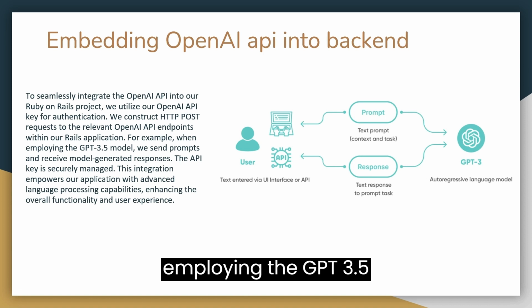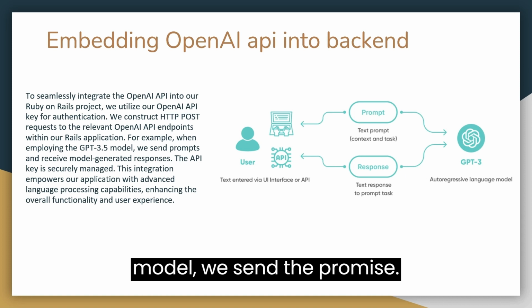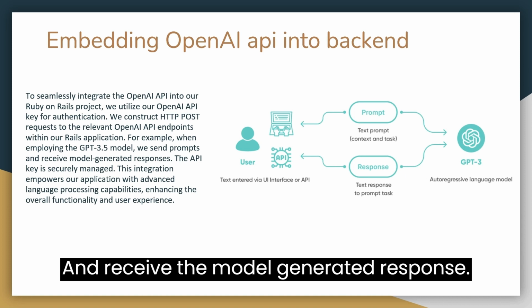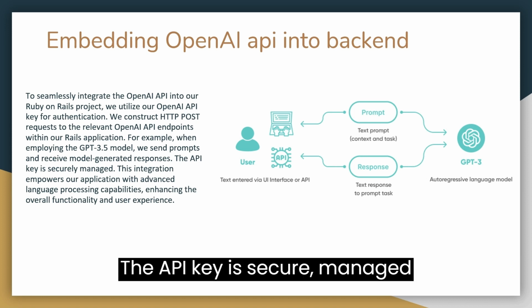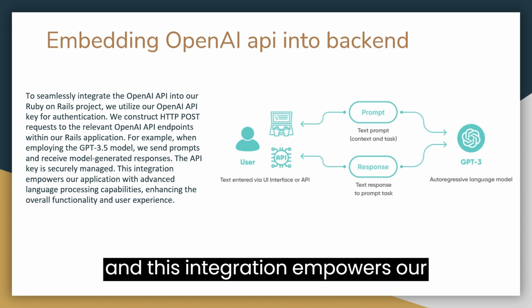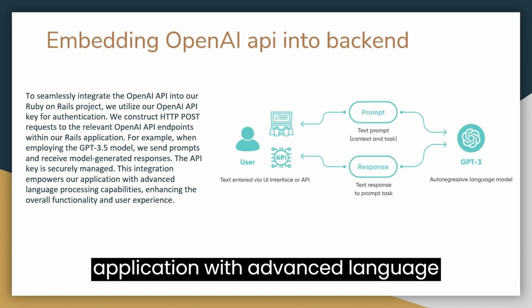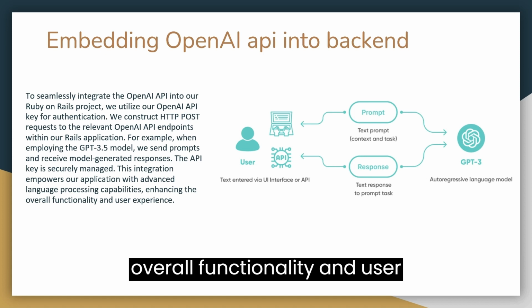For example, when employing the GPT 3.5 model, we send the prompt and receive the model-generated response. The API key is securely managed, and this integration empowers our application with advanced language processing capability, enhancing the overall functionality and user experience.